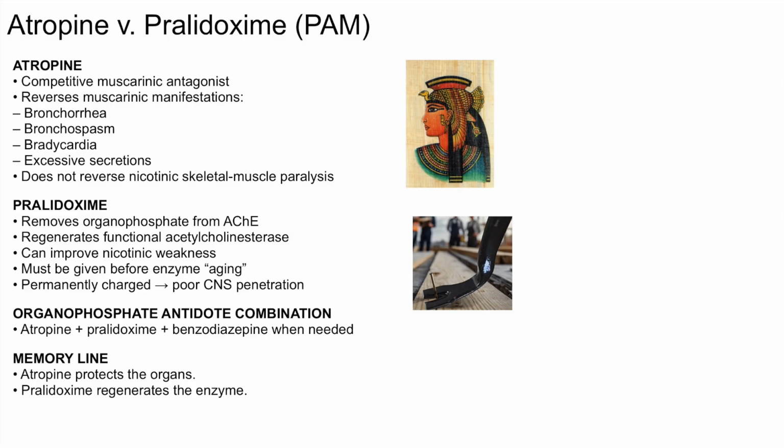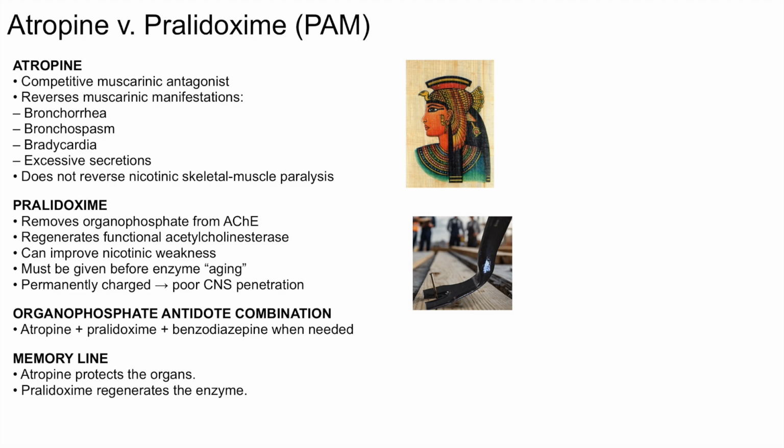Pralidoxime, or 2-PAM, removes the organophosphate from acetylcholinesterase and may improve neuromuscular weakness. It must be administered early, before the phosphorylated enzyme undergoes what's called aging, after which reactivation becomes ineffective. Because pralidoxime poorly enters the central nervous system, benzodiazepines may also be needed for the seizures. So remember that atropine protects the organs, whereas pralidoxime regenerates the enzyme.